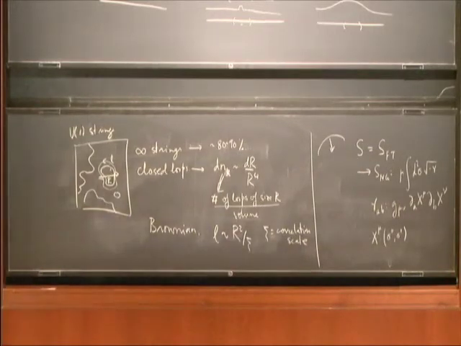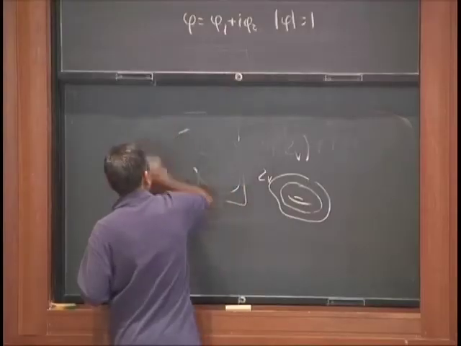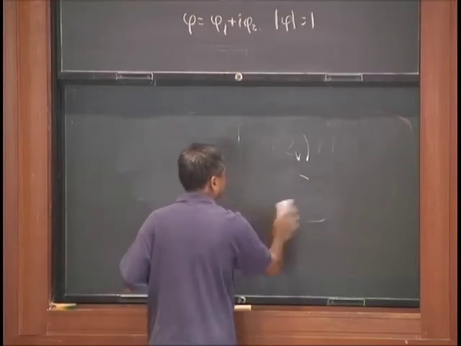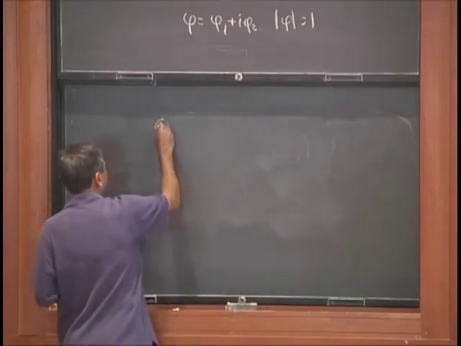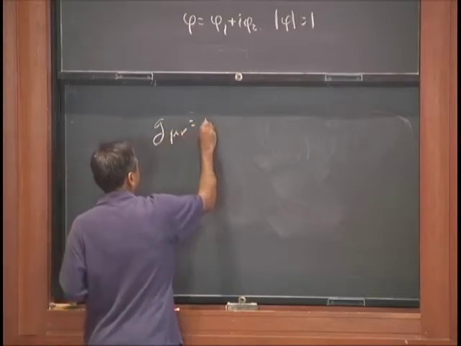To get some intuition, let's assume that the string is in a flat background. So g mu nu is eta mu nu.